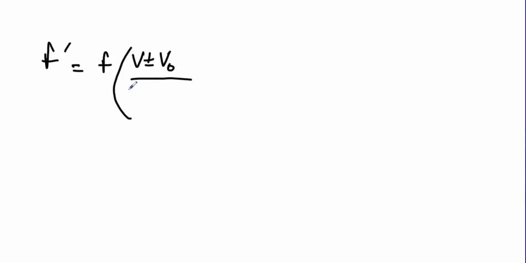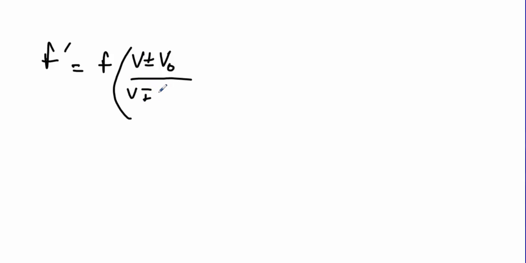So what we end up with is we can actually combine those two equations into one that says the new frequency is given by the original frequency times, and here's the messy part, V plus or minus the velocity of the observer over V minus plus the velocity of the source. Remember, these unsigned V's are the velocity of the wave.